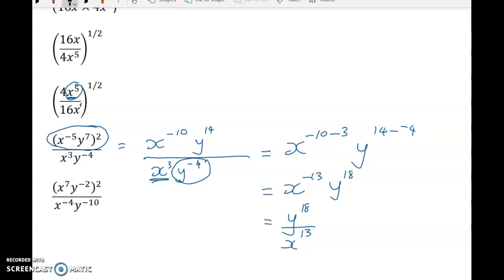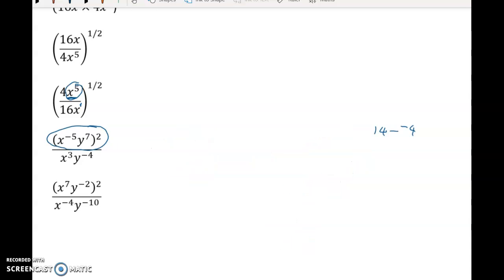Now, if you've just figured out how to do those, try the next one before I do it, because it's pretty similar. Cleaning up the numerator first, we get x to the power of 14, y to the power of -4, divided by x to the -4, y to the -10.